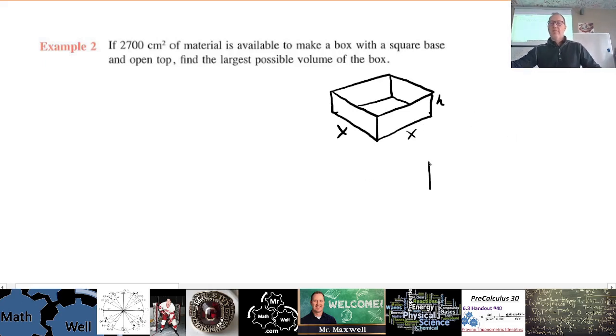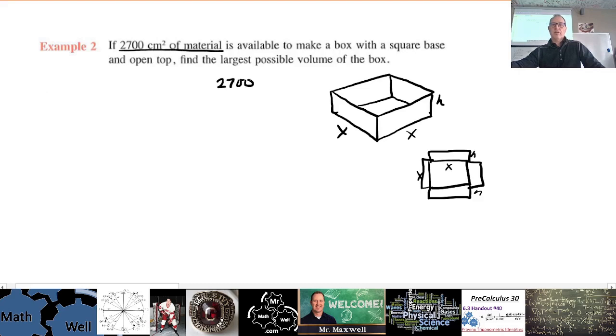You see that you have a bottom of x by x, right? And then you have 4 flaps, really, and these are x by h. So that's what it looks like if the box was flattened out. So you have x squared. So the material itself, let's start with that. The material itself is 2,700.